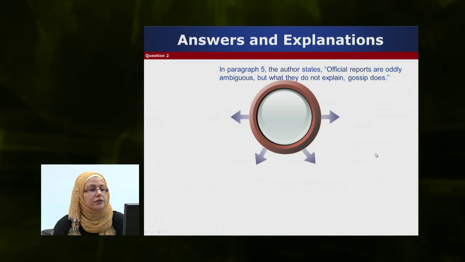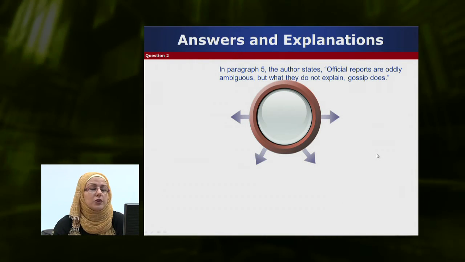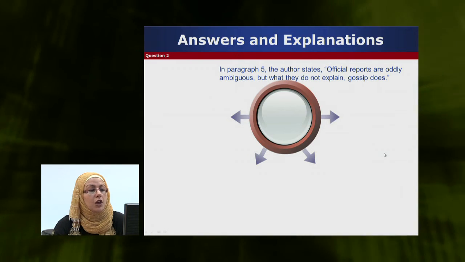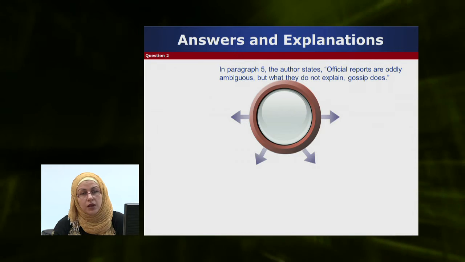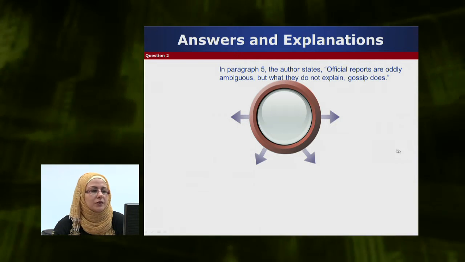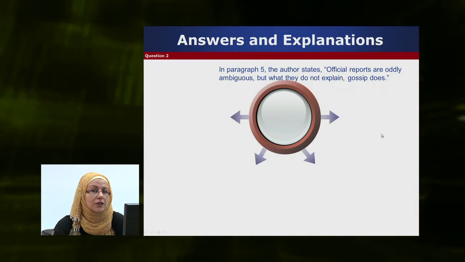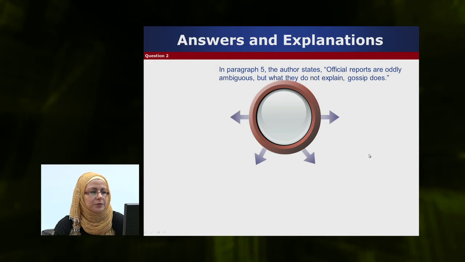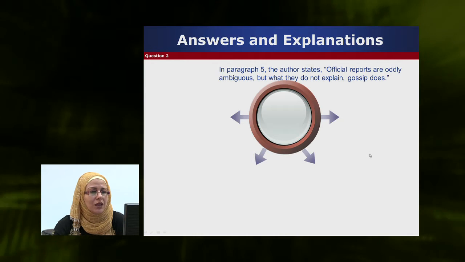In paragraph 5, where the word occurred, the author states, official reports are oddly ambiguous, but what they do not explain, gossip does. We have important content words to help us here, like gossip does, do not explain.